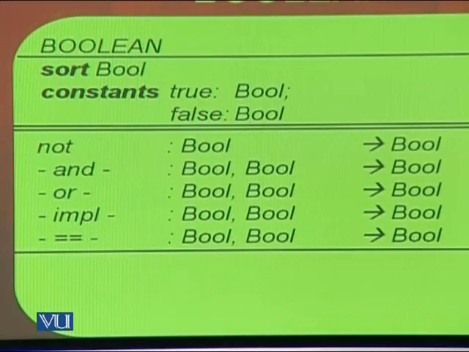The same is the case for or. We have hyphen or hyphen, and once again there are two parameters, and this is the type of the first parameter, this is the type of the second parameter, and of course we have these as the return values. The same is the case with implication and the equality.